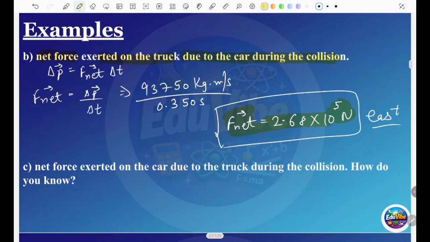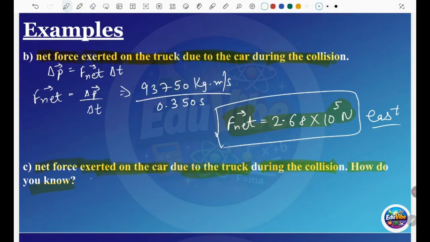Now for the last part, you have to find the net force exerted on the car due to the truck during the collision. How do you know? For this type of question, we found the net force exerted on the truck due to the car during the collision. Here it asks about the force exerted on the car due to the truck during the collision. That's the opposite one. So you don't need to do anything for that part.